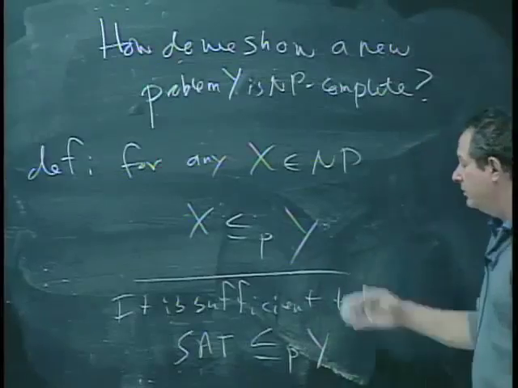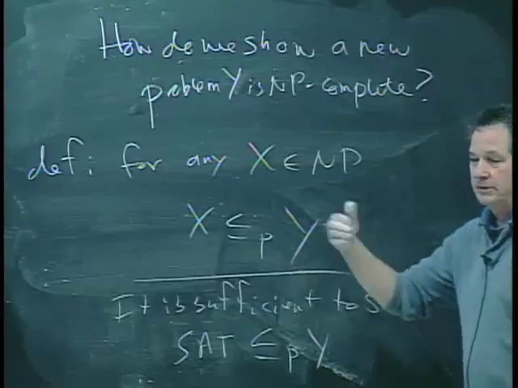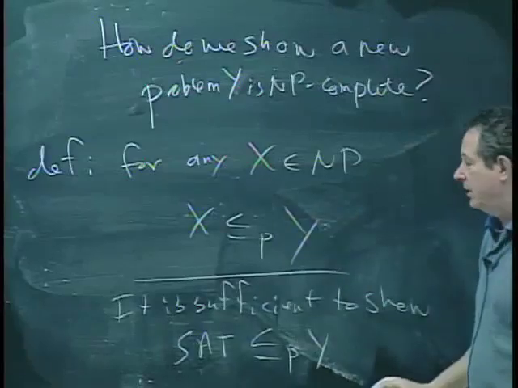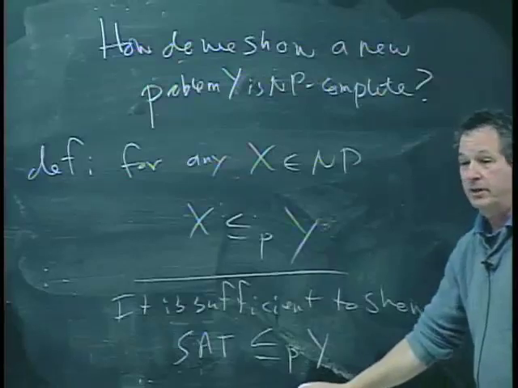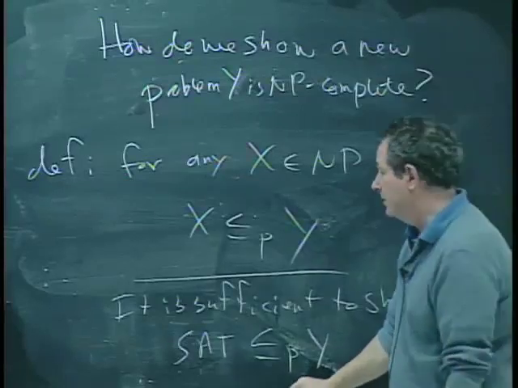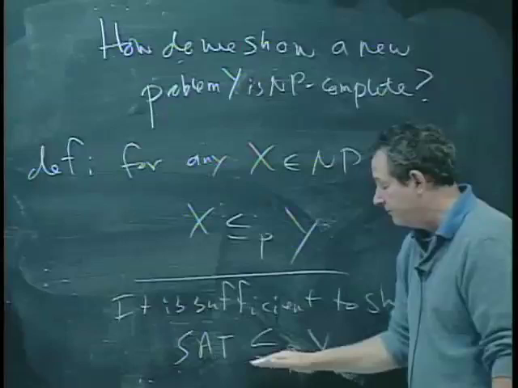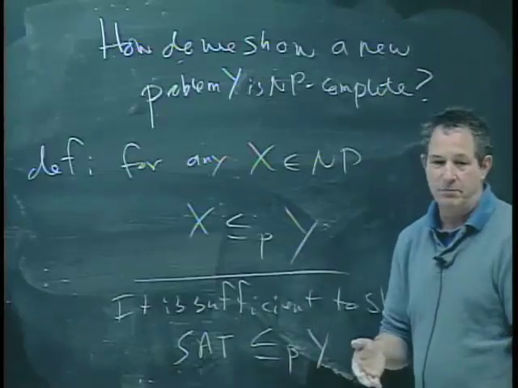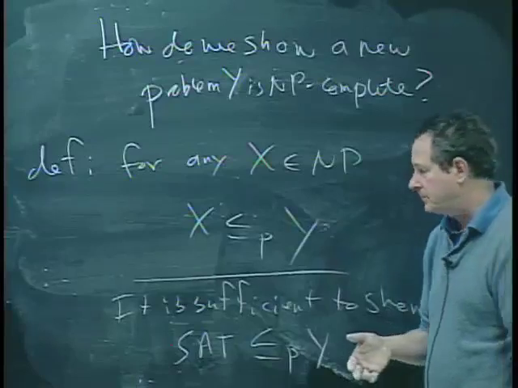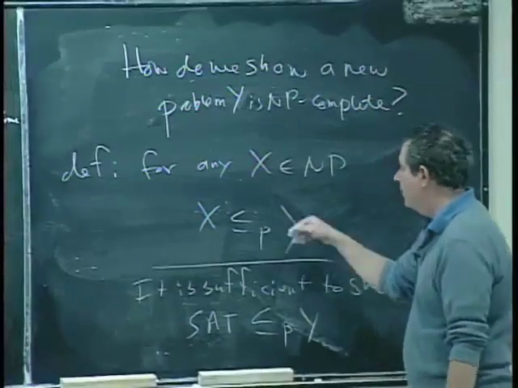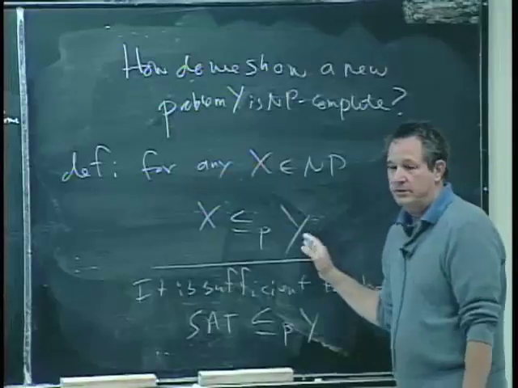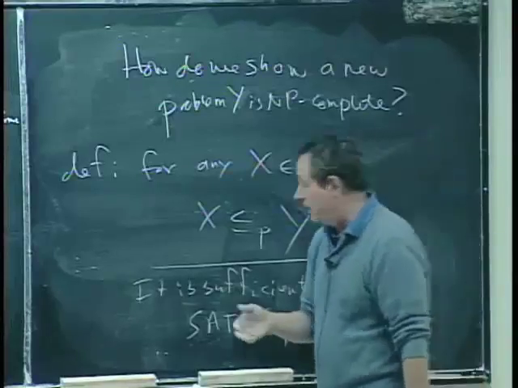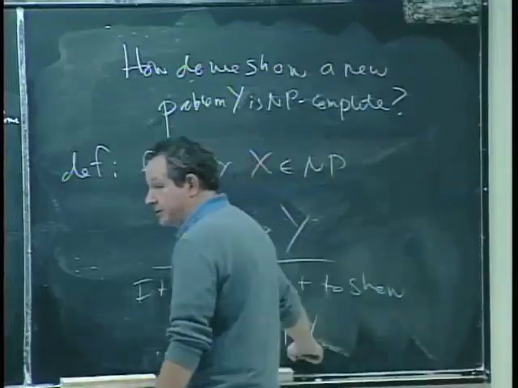You just chain your new problem onto this chain of implications, chain of proofs of NP-completeness. Now, you don't have to go directly from SAT, because now there are tens of thousands of problems that are known to be NP-complete. When you have a new problem Y, you just use any one of those NP-complete problems and show how it reduces to Y.